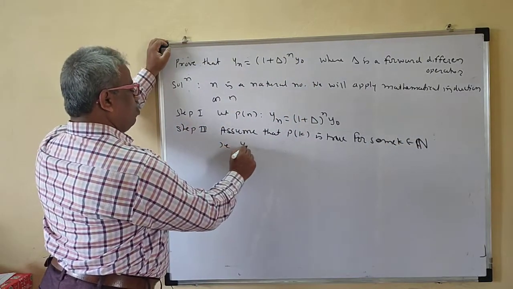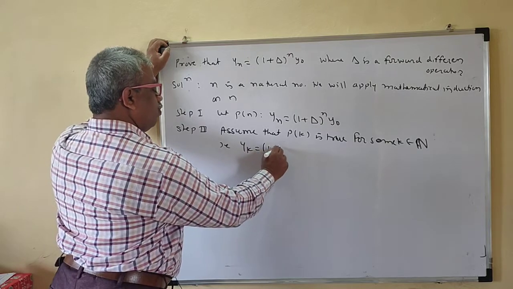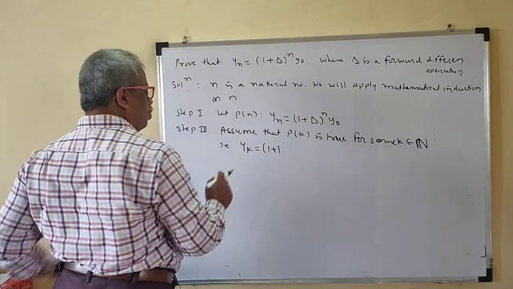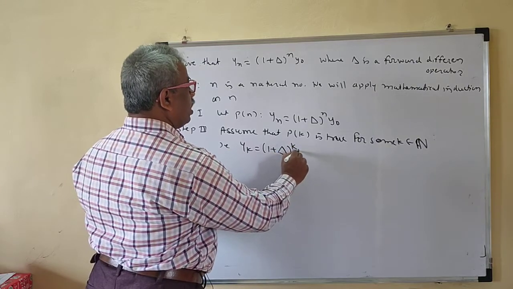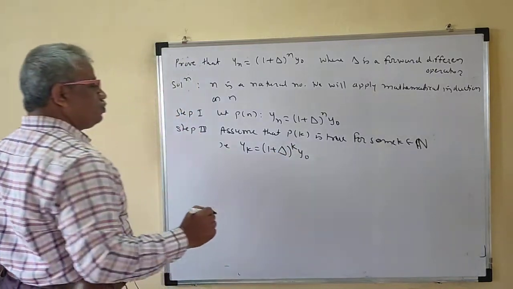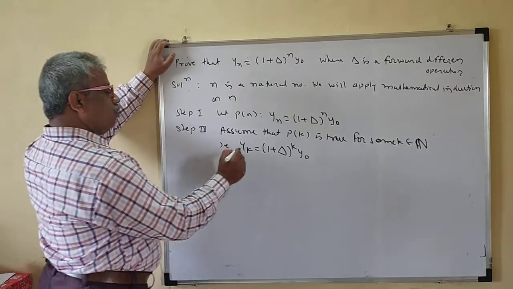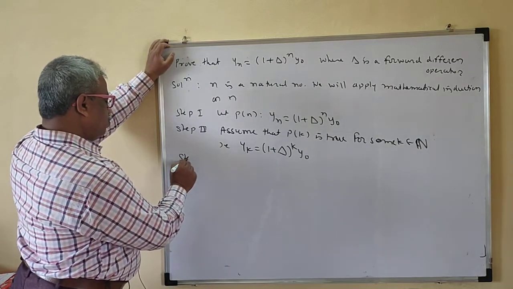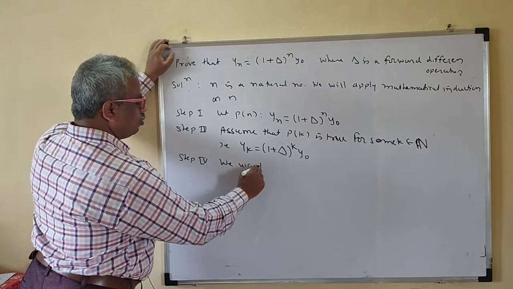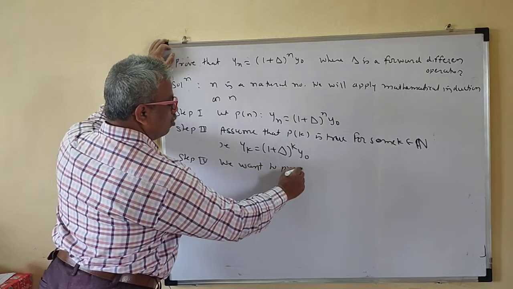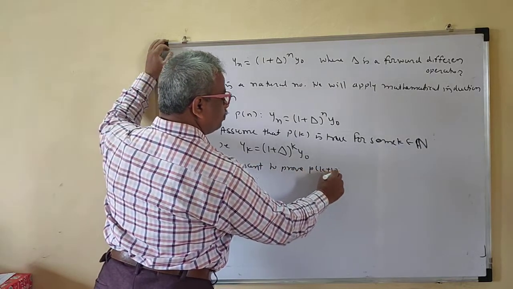That is yk is equal to 1 plus delta to the power k y naught. So this is true. Okay. Step 4. We want to prove Pk plus 1 is true.